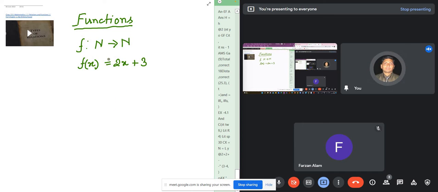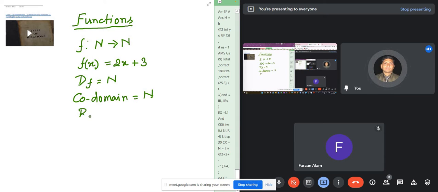Okay, so here domain is what? All natural numbers. Domain of this function will be set of natural numbers, right? Acha, then codomain, codomain is always second set. So here second set is natural number, so natural number.